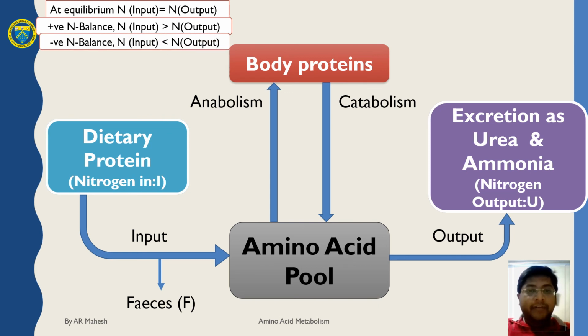The negative nitrogen balance is a state in which the nitrogen output is higher than the input of nitrogen. The result is that some amount of nitrogen is lost from the body, depleting the body proteins. When prolonged, negative nitrogen balance leads to death. This is sometimes observed in children suffering from kwashiorkor or marasmus.